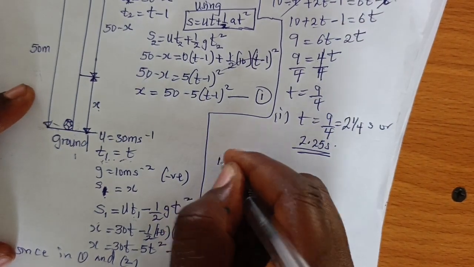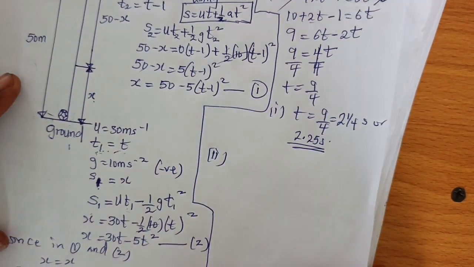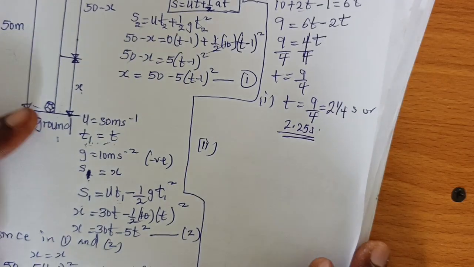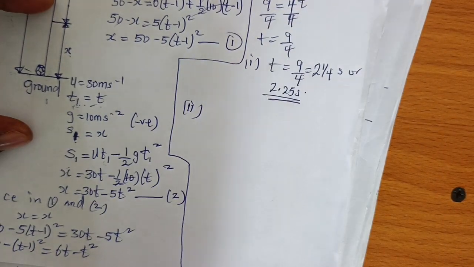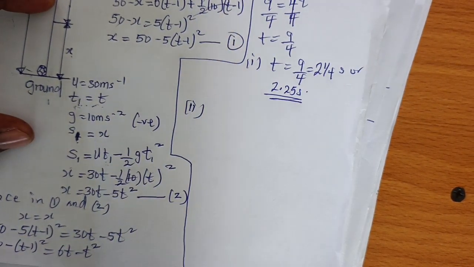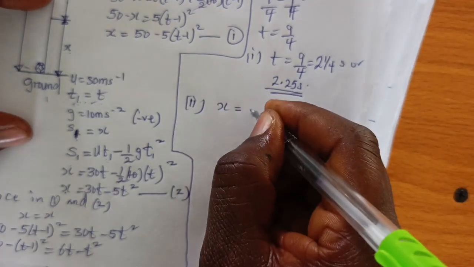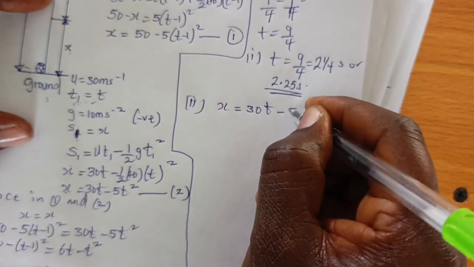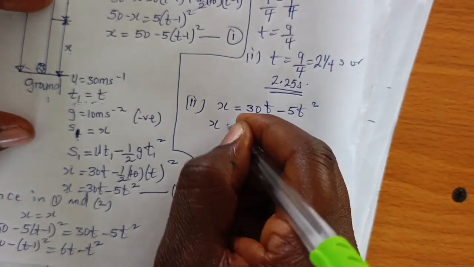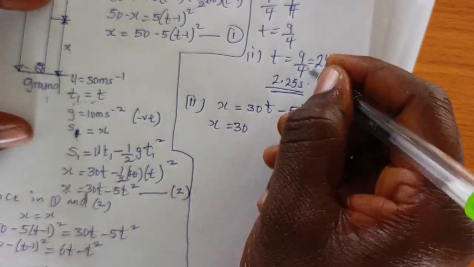Now Roman figure 2, I want to calculate the height at which the balls meet. To calculate the height at which the balls meet, we can use either equation 1 or equation 2. Now using equation 2, we have s equals 30t minus 5t squared. t is 9 over 4.